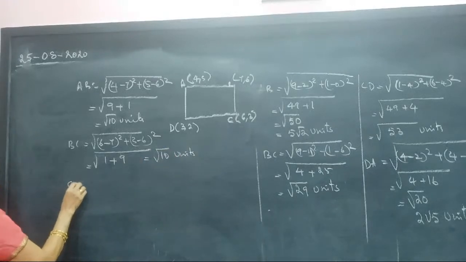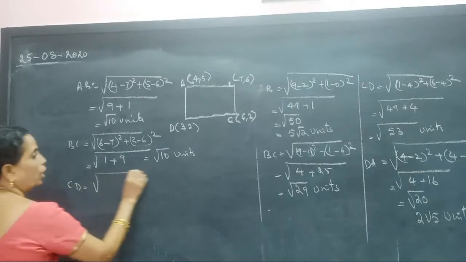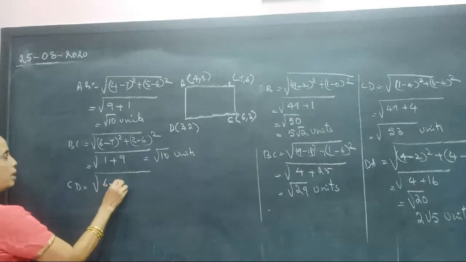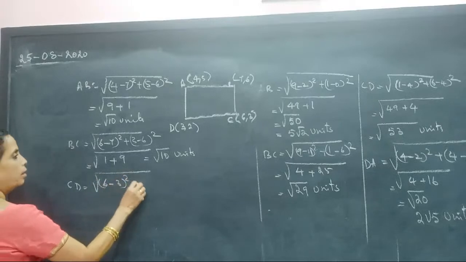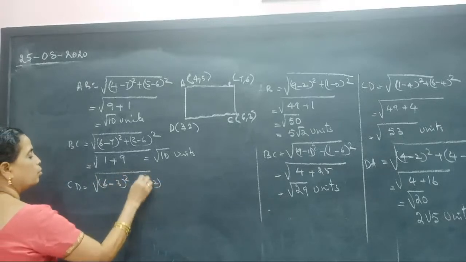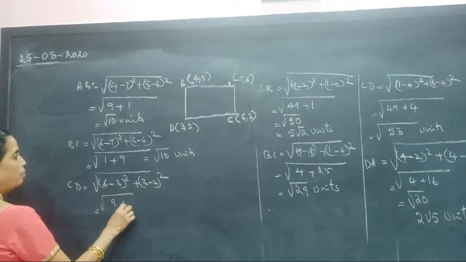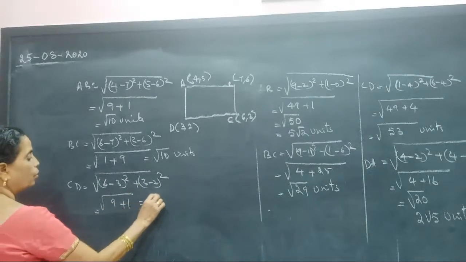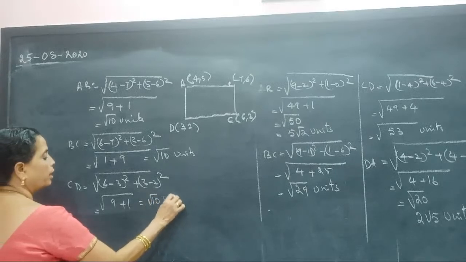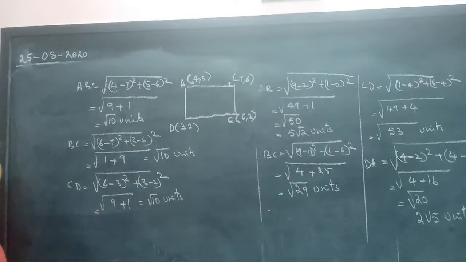Then CD, root of (6 minus 3) whole square plus (3 minus 2) whole square, it is root of 9 plus 1, root 10 units. So here we got all the sides equal.